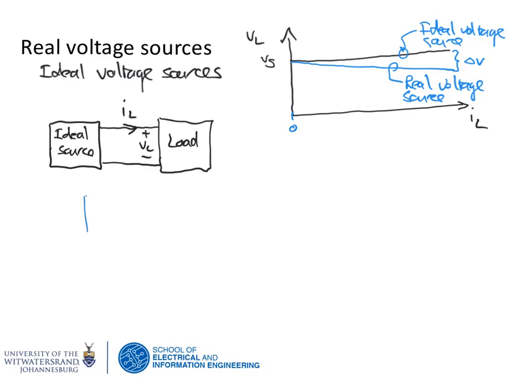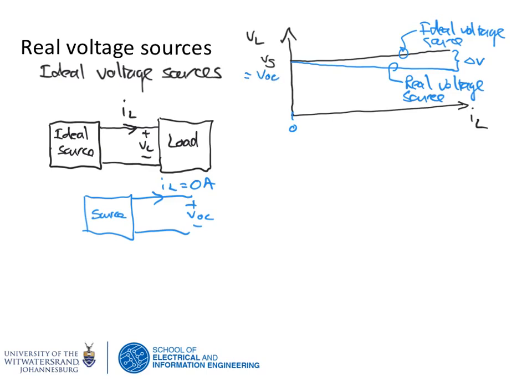So we're going to have the source, and that is going to be V open circuit, and the current IL is going to be 0 amps because of the open circuit. So that's what we see happening here on this line. So we know that for a real source, the best case scenario is when the load voltage is V open circuit.